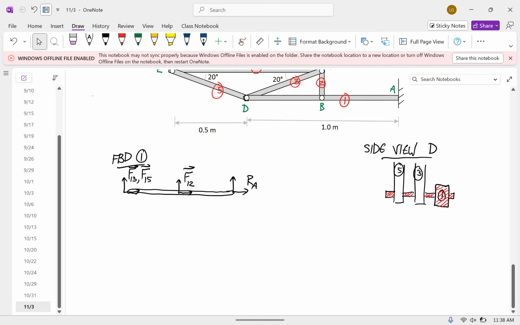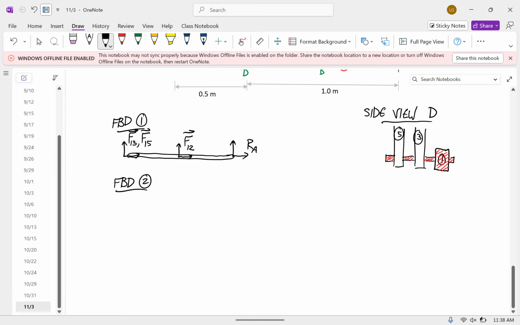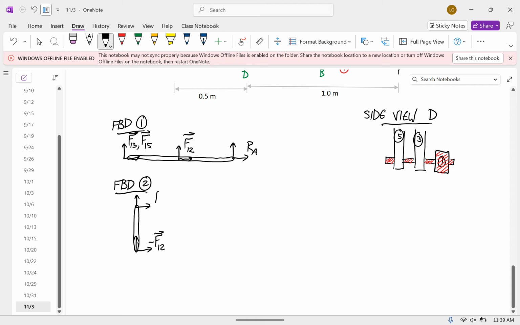And then I'll go to body 2. Down here, there's only a force on 2 by 1, so that's negative F12. Up here, 2 is the lowest numbered member, so we have an F23 and an F24.